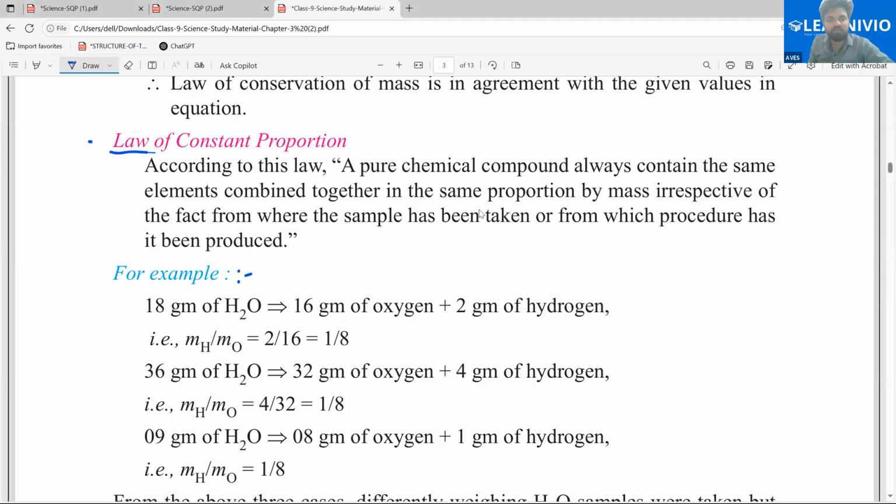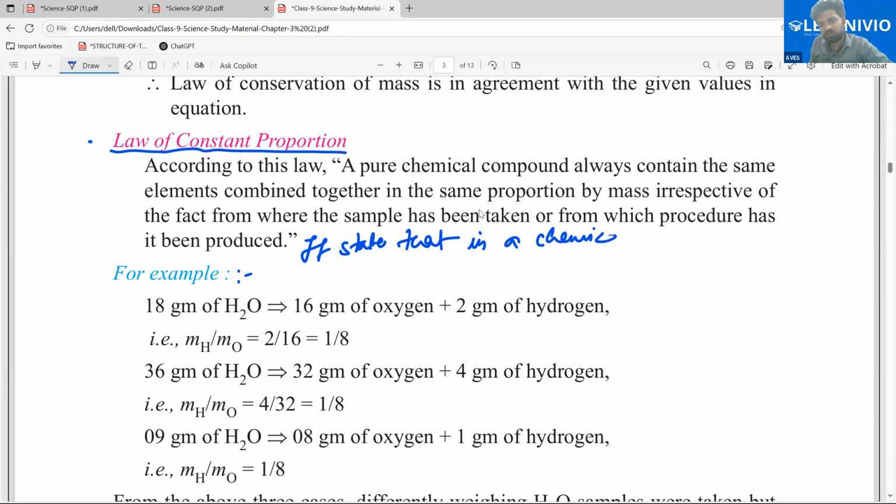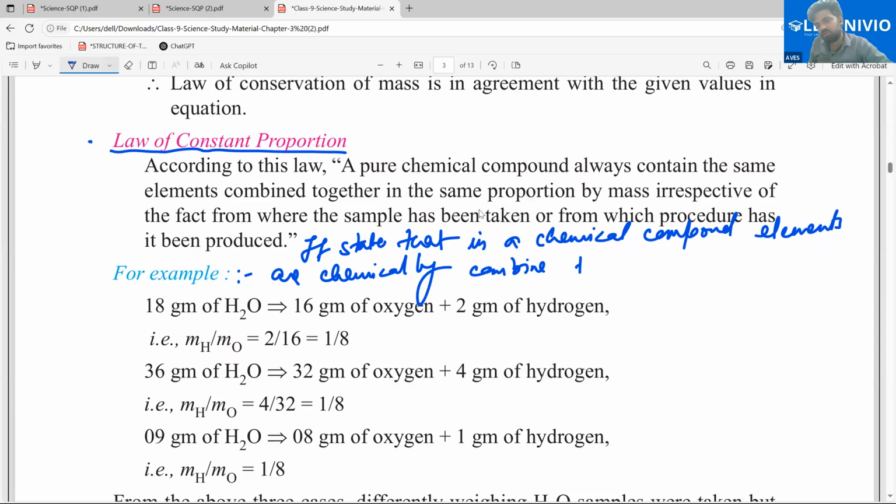What does the law of constant proportion state? It states that in a chemical compound, elements are chemically combined together in a fixed ratio by mass.